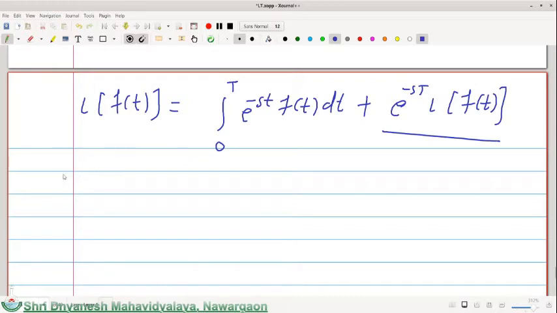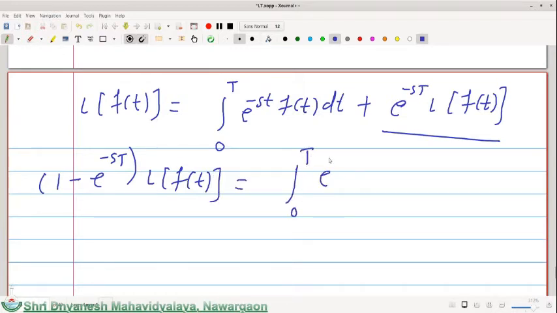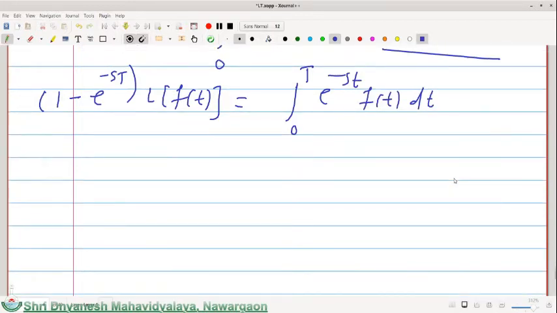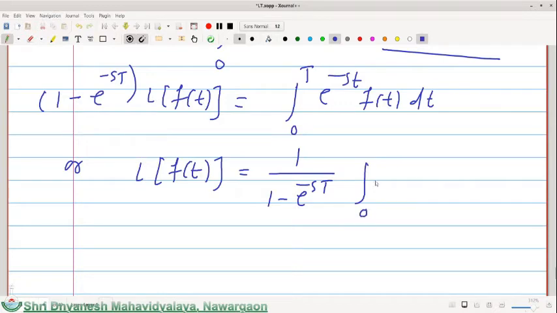the Laplace transform of f of t common. You will get 1 minus e to the power minus st times the Laplace transform of f of t, which equals the integration from 0 to t of e to the power minus st f of t dt, or the Laplace transform of f of t equals 1 upon 1 minus e to the power minus st times the integration 0 to t of e to the power minus st f of t dt, which is what was required.